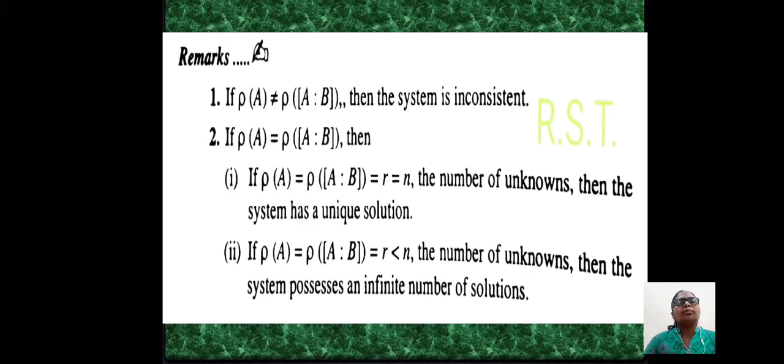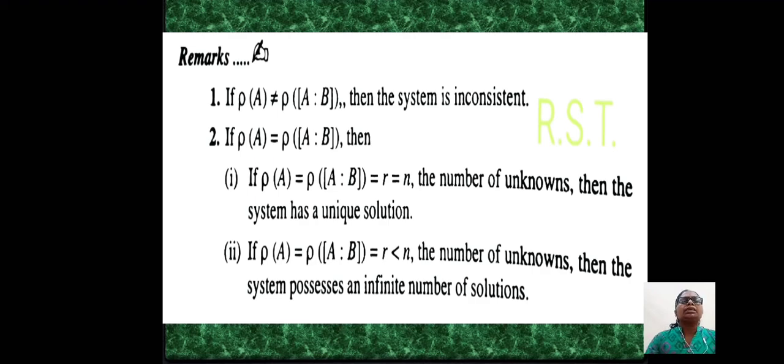First condition is, if rank of A equal to rank of AB equal to r equal to n, that is, if rank of A equal to rank of AB equal to r equal to n, the number of unknowns, then the system has a unique solution. That means if r equal to n, the rank equal to the number of unknowns, then the system has a unique solution.